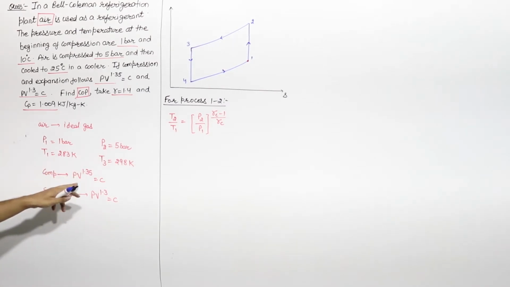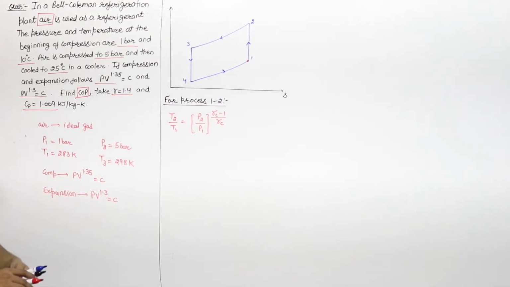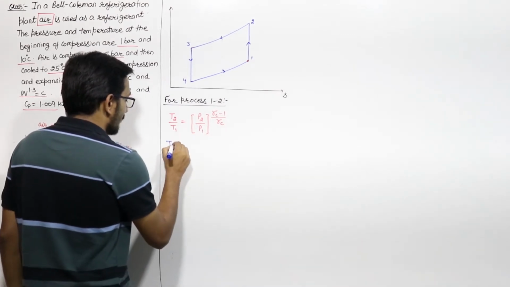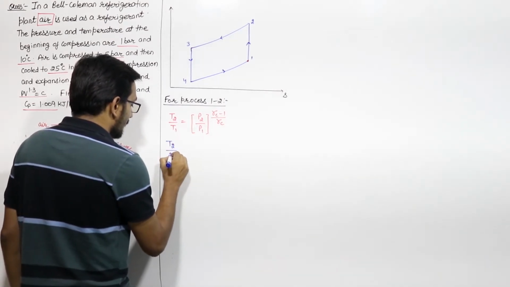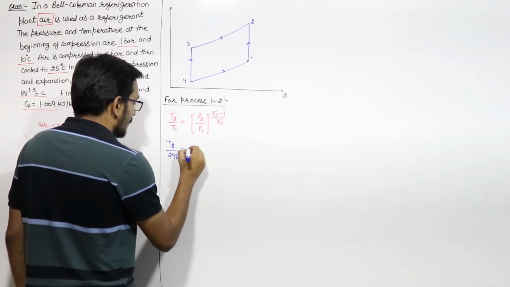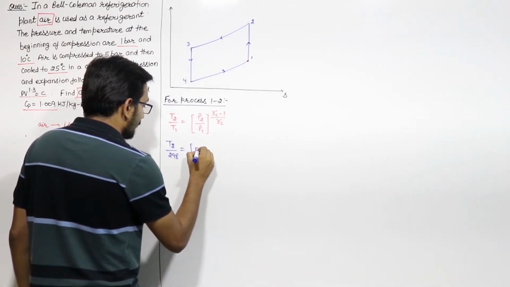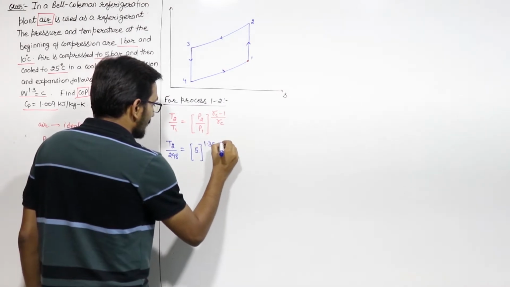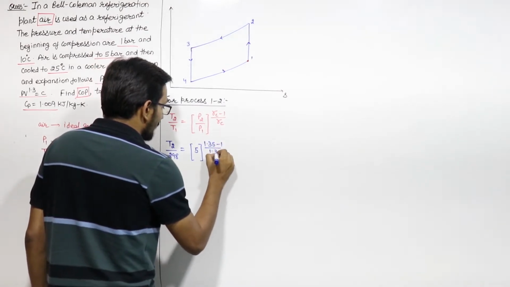Because here gamma for compression and expansion are not equal. So T2 by T1, T1 is given 298, is equal to P2 by P1, which is 5, raised to power (1.35 minus 1) divided by 1.35.